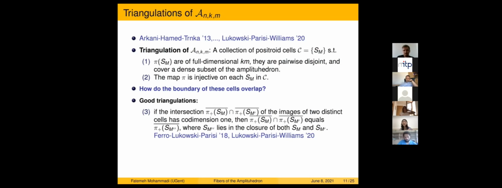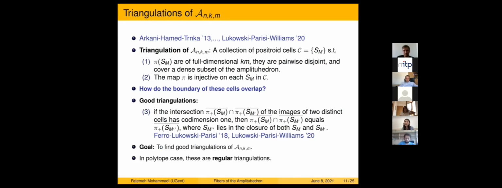By that, we mean whenever you have two positroid cells and you look at their images, and their images intersect in codimension 1, you want the intersection to also be the image of a third positroid cell, which is in the intersection of the original pair. Okay, so this has been defined as the notion of good triangulations. And from the polytope point of view, these good triangulations are somehow related to regular triangulations, the ones that fit in the secondary fan structure.